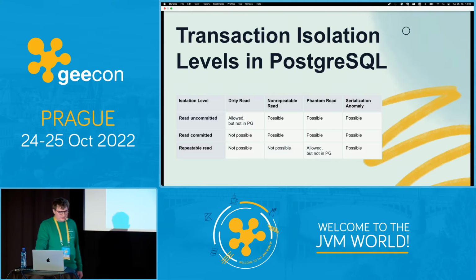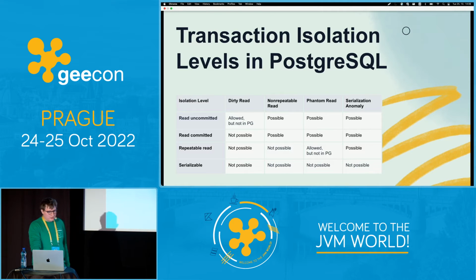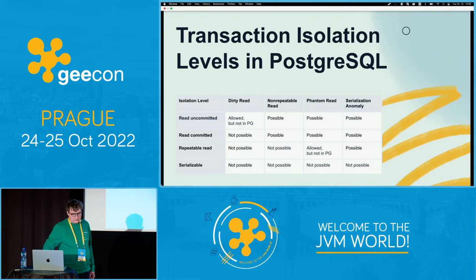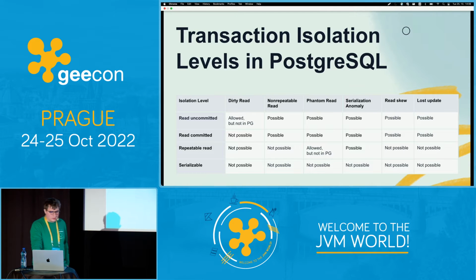Also in Postgres, it doesn't allow phantom reads. And serializable isolation level does not allow all these anomalies. Also, if you look at read skew and lost update, you will see that they were possible only for read committed. For other transaction isolation levels, those anomalies are not allowed.